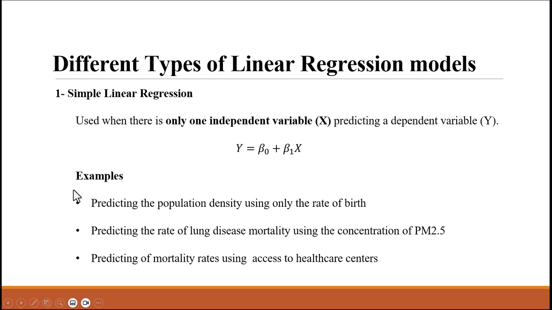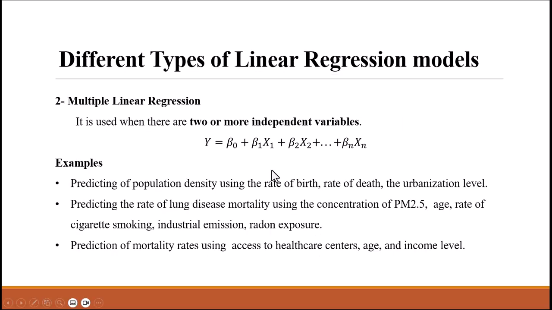What are the examples? For example, predicting the population density using only the rate of births. Predicting the rate of lung disease mortality using only the concentration of PM2.5. Predicting the mortality rates using access to healthcare centers.